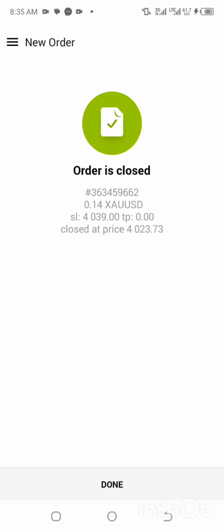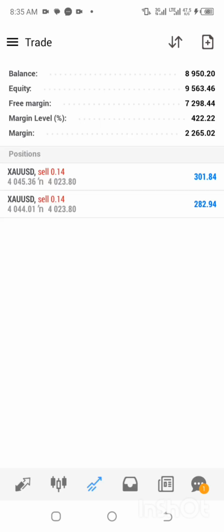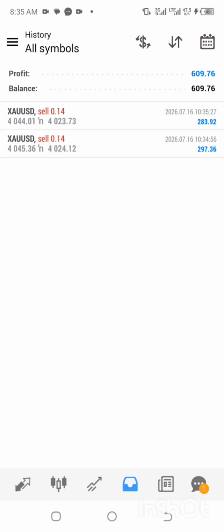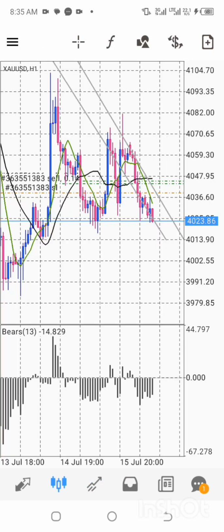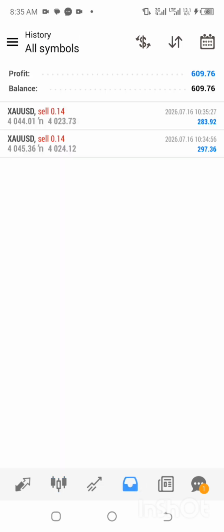Okay, good. So you can see that if you come here, you've taken partial profit of a total of $609 plus. So you've locked in, you've already booked this profit. Whether the trade decides to close, or the market pulls back and hits your stop loss, you are still going to make this level of profit.